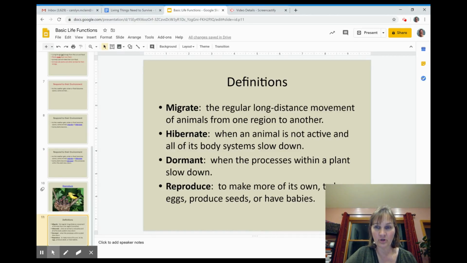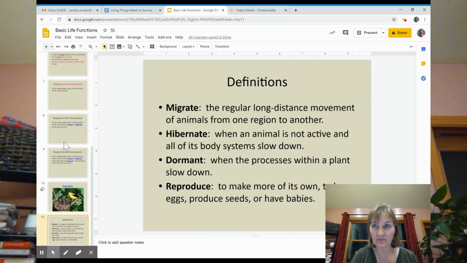Okay. So that is our presentation. It's really my presentation, but I'm hoping you learned a little bit, and I'm hoping we can get back into the swing of taking notes, organizing our notebook, and hopefully still making it what I call an interactive notebook, where if you have the ability to print things out, great.